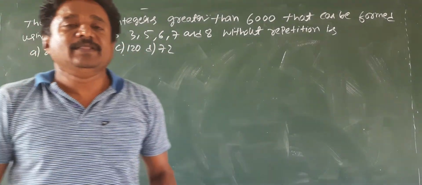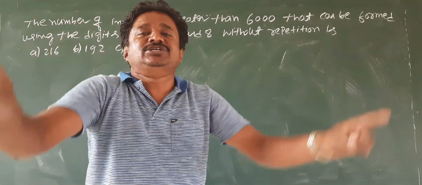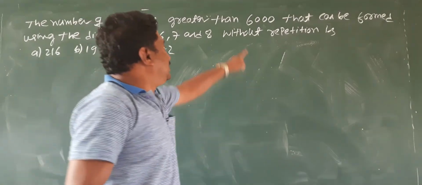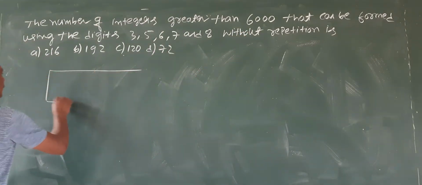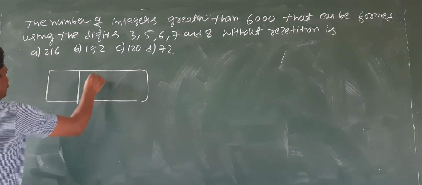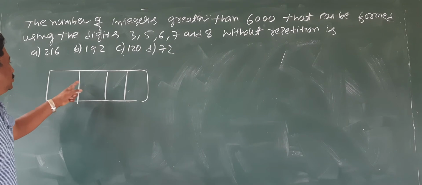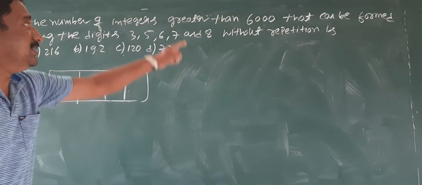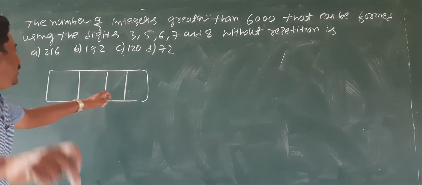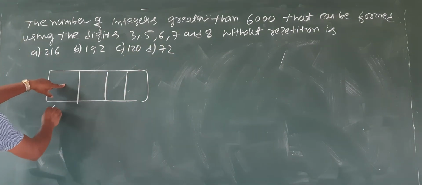First let us try to obtain 4-digit numbers which are greater than 6000. Look at this, students: 4 boxes. To get a 4-digit number greater than 6000, I should fill the first box either by 6 or by 7 or by 8.